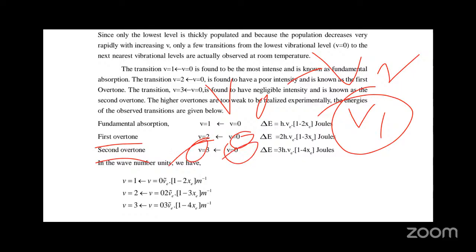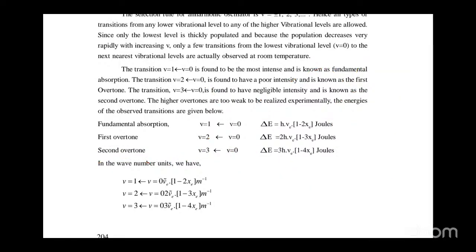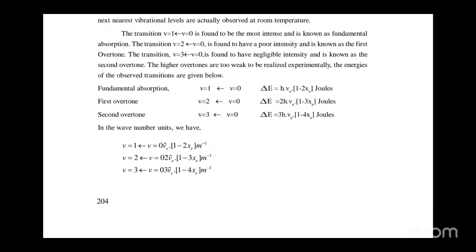And for example, the third overtone is V naught to V4. Like that, starting from V naught and leaving the in-between energy levels, going to higher energy levels. So these are the overtone bands.